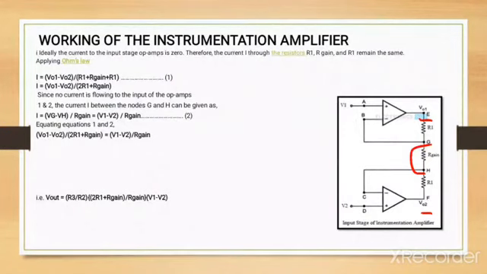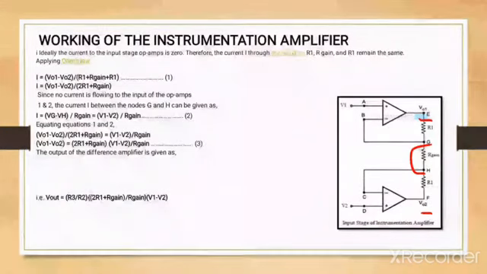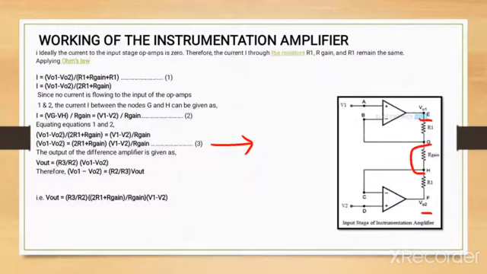So now you can find the value of V naught 1 minus V naught 2 and substitute it in the equation we derived for the difference amplifier, that is the output stage. The output of the difference amplifier is V out equal to R3 by R2 into V naught 1 minus V naught 2, and you substitute this from equation 3 here.